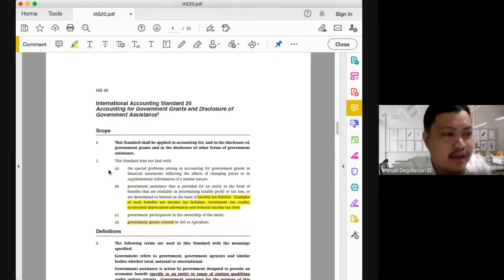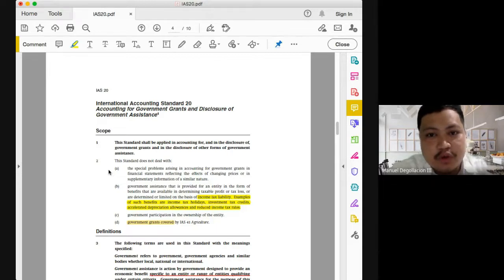Okay, but if we go by the definition of the standard, class, the third group actually will not be considered as a government assistance. But if we're going to go after the literal interpretation of the term government assistance, meaning any assistance that is provided by the government, okay, then we can actually split it into three. But if we are going by the definition provided by the standard, government assistance can either be government grants or those that do not qualify as a government grant.